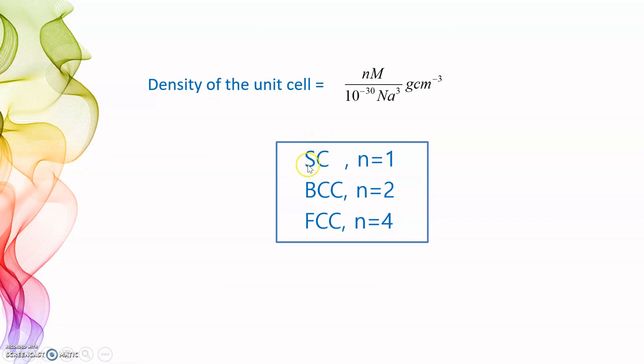For a simple cubic lattice, you know the number of atoms per unit cell is equal to 1. For a body-centered cubic lattice, we know n will have a value of 2. For a face-centered cubic lattice, the number of atoms per unit cell is equal to 4.